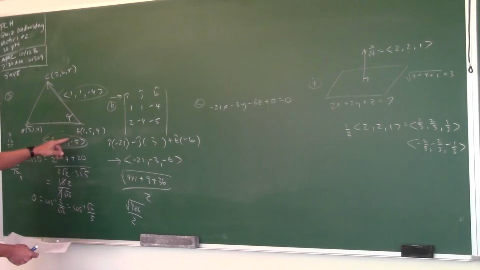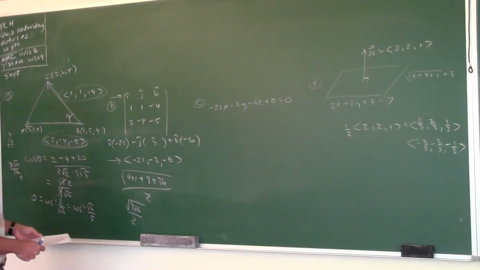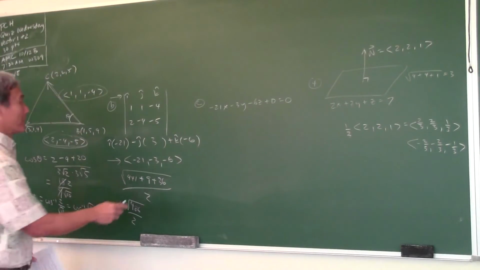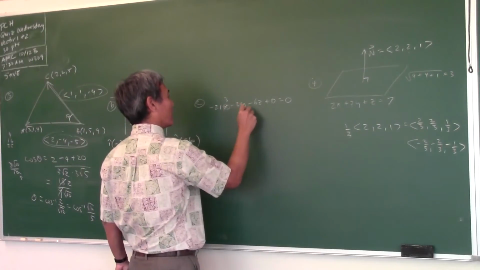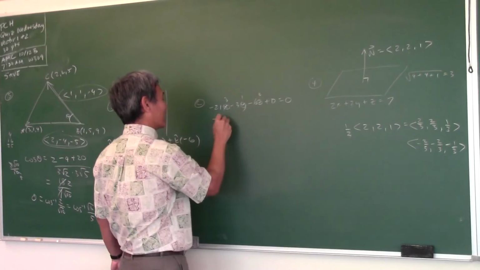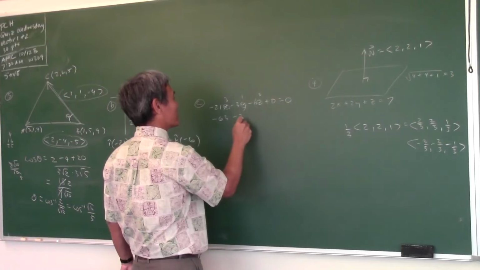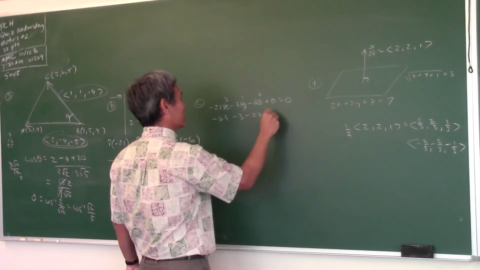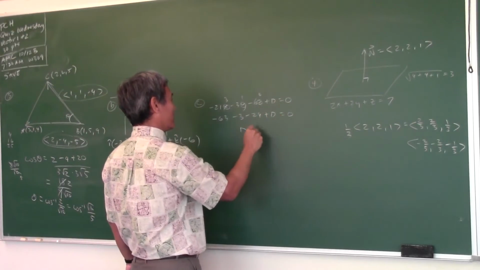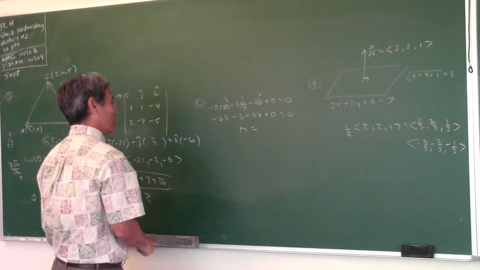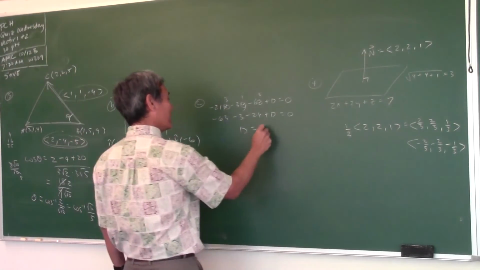Which one looks the nicest? Probably A, yeah? So if I plug in A, 3, 1, 4, you get -63 minus 3 minus 24 plus d equals 0. Therefore, d is equal to 90.